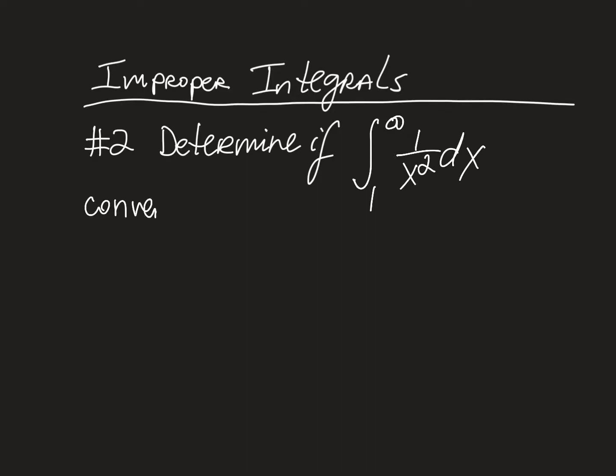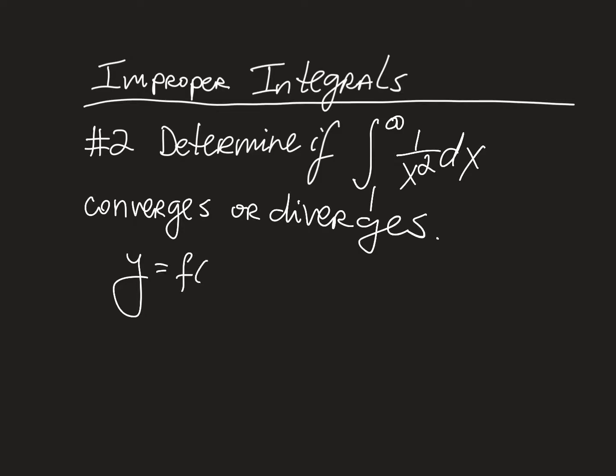And if it converges, we want to determine what it converges to. So here our function is f of x equals 1 over x squared, and it's on the interval 1 to infinity.